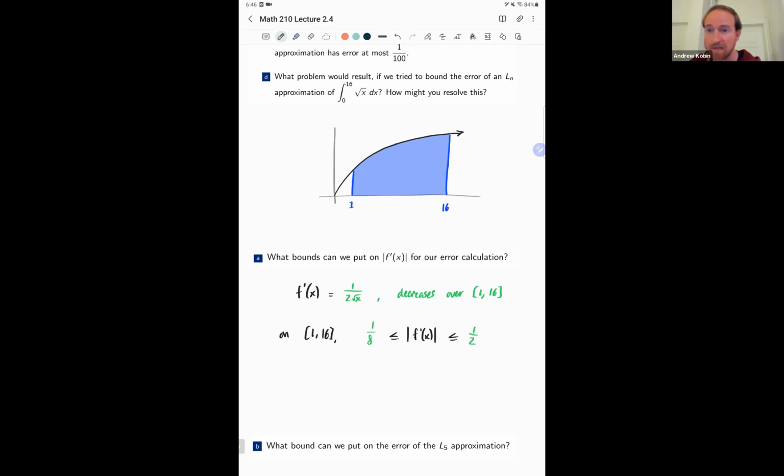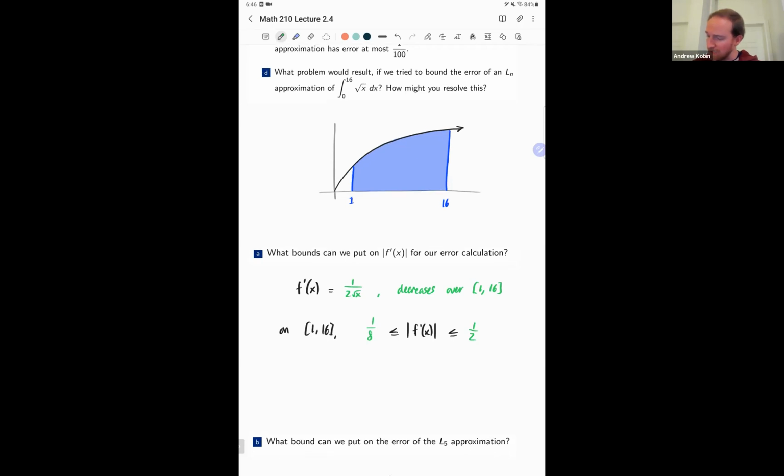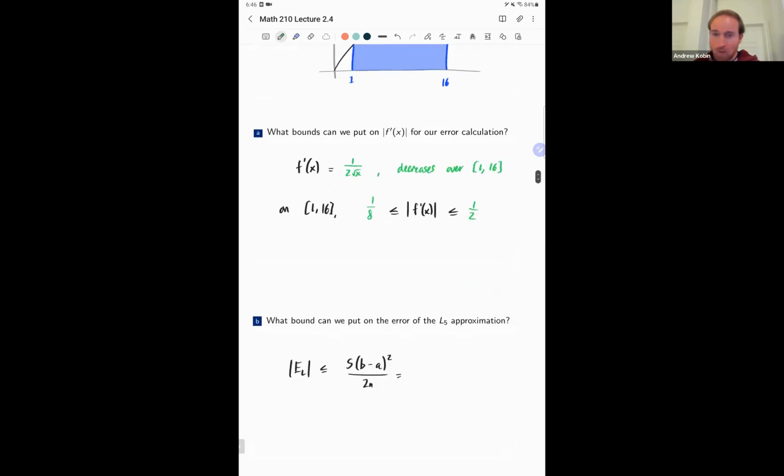And we know with certainty then that our approximation will be correct within that tolerance. So now we have a bound. We have 2 bounds on f prime of x, but we'll mostly be interested in the upper bound because remember that according to the theorem, the left endpoint approximation L5 has error EL that's bounded in absolute value by the formula S times (b minus a) squared divided by 2n, where here S is a bound on the first derivative of the function.